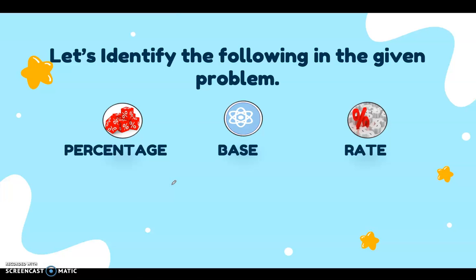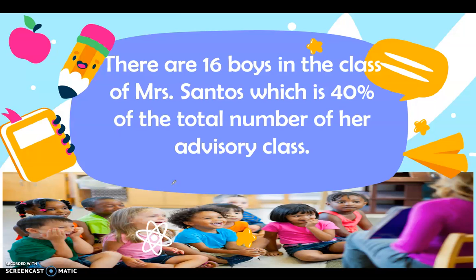Now for our percentage, again, let's go back to the problem. There are 16 boys in the class, and that is 40% of the total number of her advisory class. So from the words here, 16 are boys. Therefore, this is only a part of it since there are still girls.